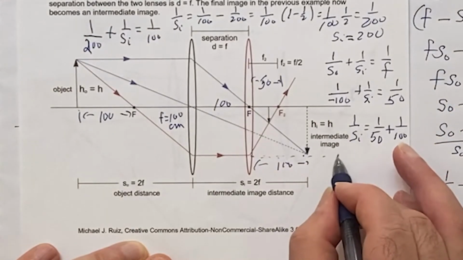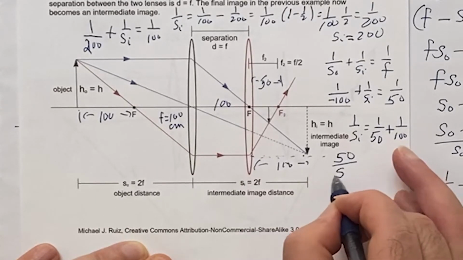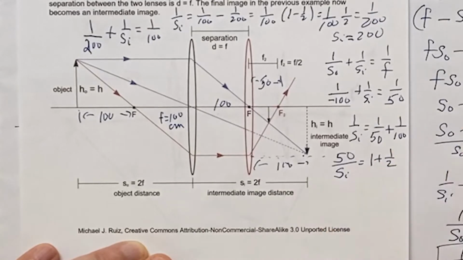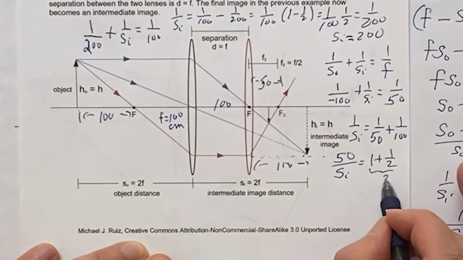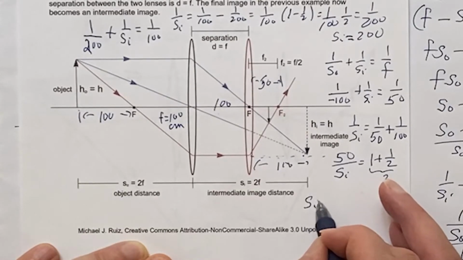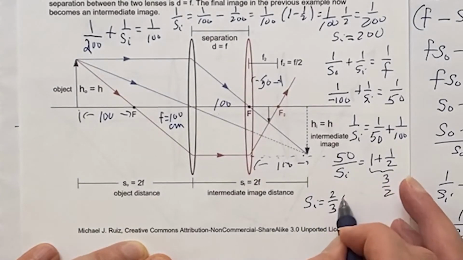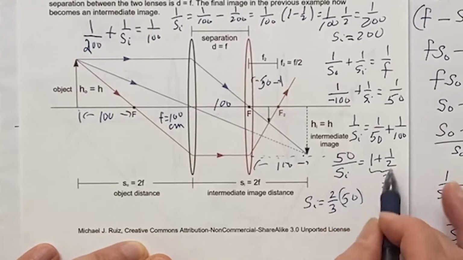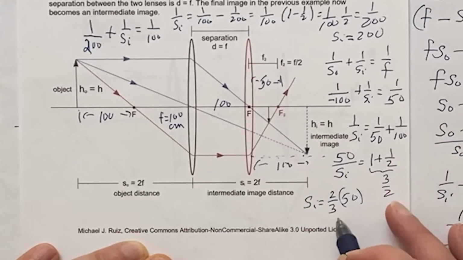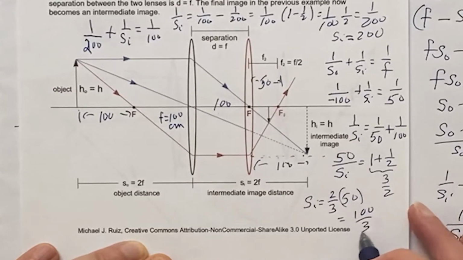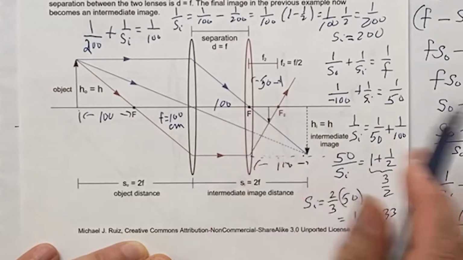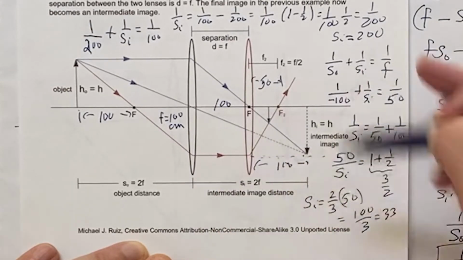I'm going to multiply by 50 to get 50 over SI is 1 plus 1/2, which is 3/2. So SI is 2/3 of 50, which is 100 over 3, or 33. And it's positive, which means it's going to be to the right side of the lens. Amazing, we got it.